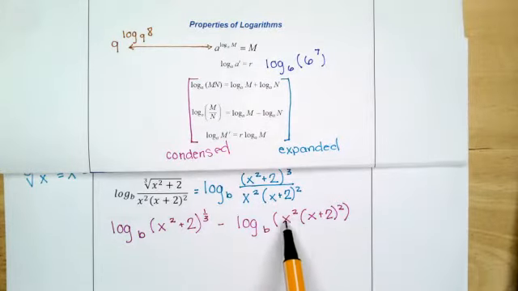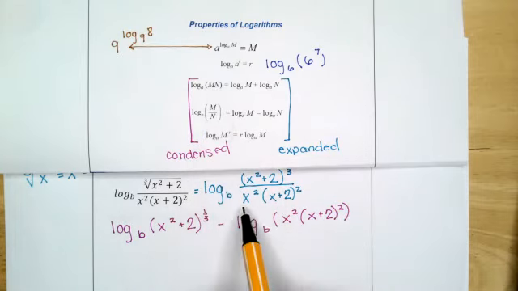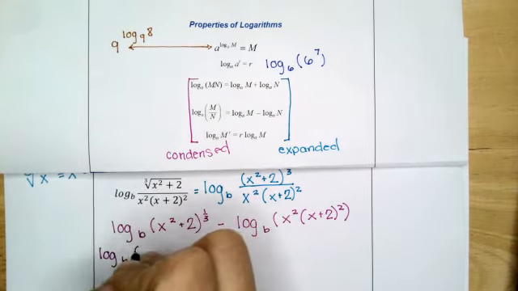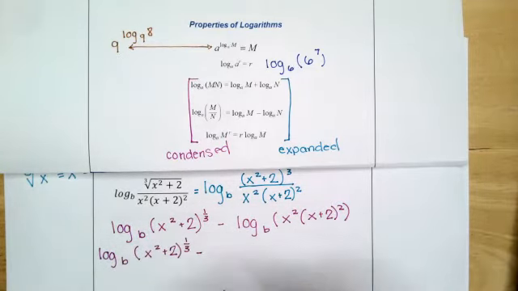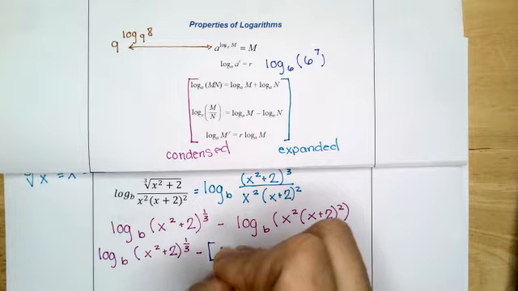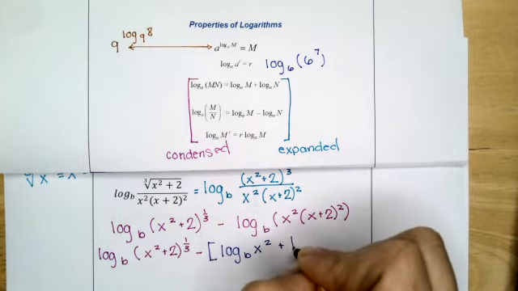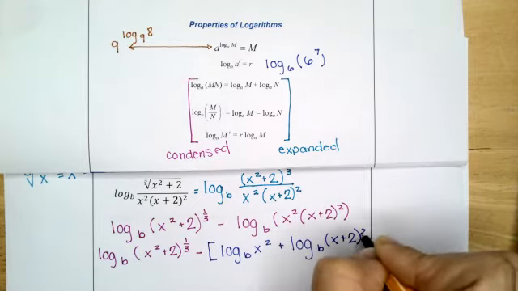So I see x squared being multiplied by x plus 2 squared. So that's the same as m times n, right? So I can write all of this as another addition problem. So we'll keep the top of the fraction as log base b of x squared plus 2 to the 1/3. But then I'm going to subtract all of the following. I'm going to subtract log base b of x squared times x plus 2 squared, which is going to become log base b of x squared plus log base b of x plus 2 squared.